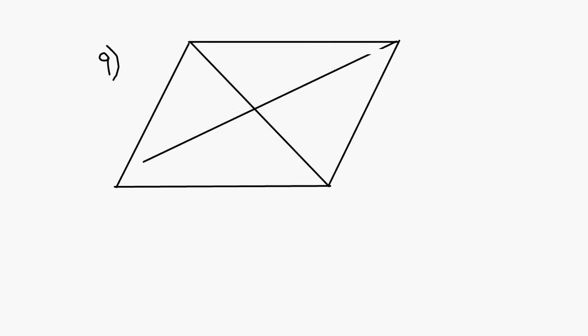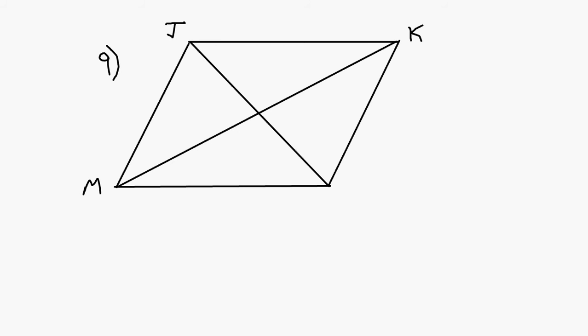Number 9, parallelogram. The parallelogram has vertices M, J, K, L, and O is right here in the middle.